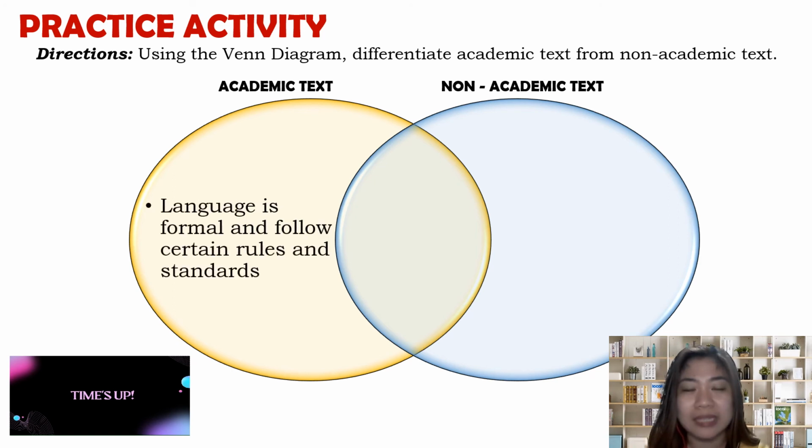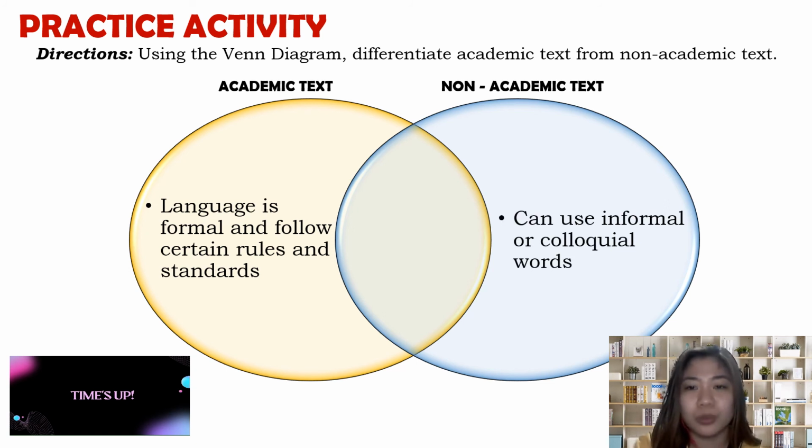So for academic text, the language is formal and follows certain rules and standards. For the non-academic text, it can use informal or colloquial words. And their similarity: they can both be used in school. Okay, next.